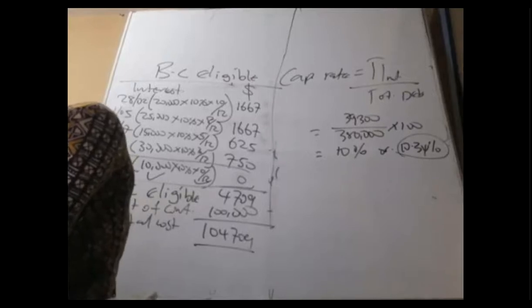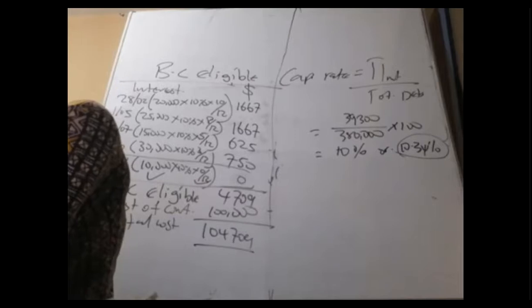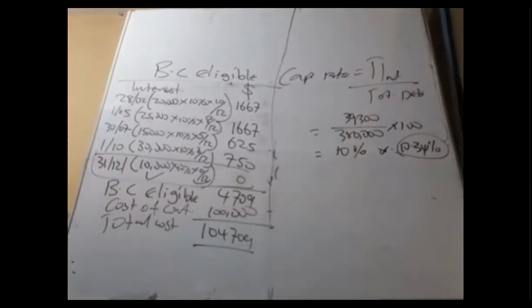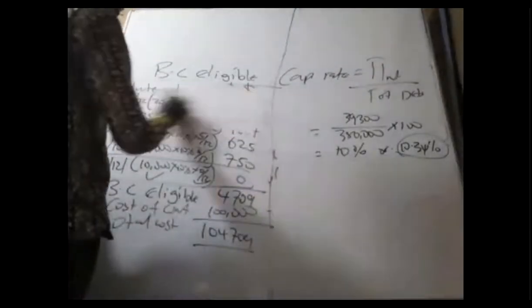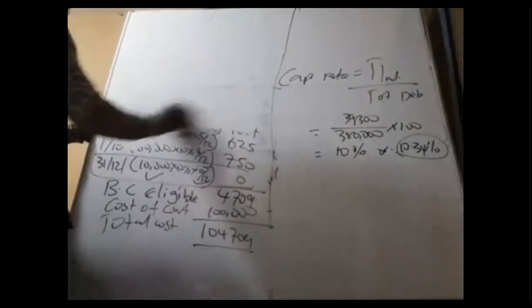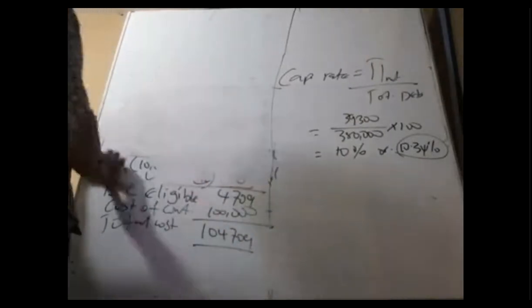Okay, so let's see how best we can start. Let's go to the board and let's start. First, let's go ahead and calculate the capitalization rate so that we can start with that general pool of fund.